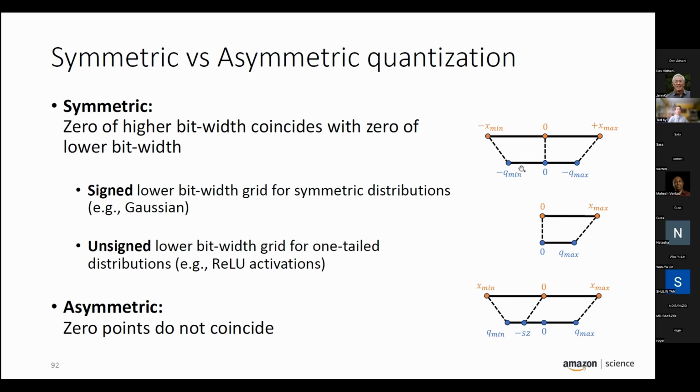So in symmetric, you would just simply say, I'm going to have my max be 10 and my min be -10. And if we're doing, let's say, 4-bit, and we're doing the traditional linear, then you literally just divide up this space of 20 numbers into 16.